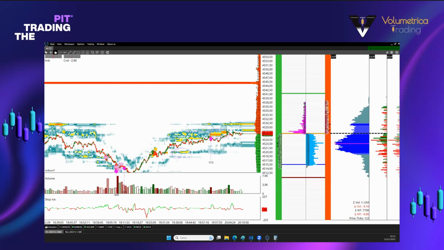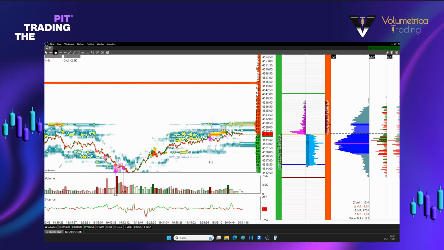That means that suddenly, if buyers want to push the market through, they will have to use way more contracts compared to what they thought. Okay, so that's a liquidity which market hasn't accepted completely yet.